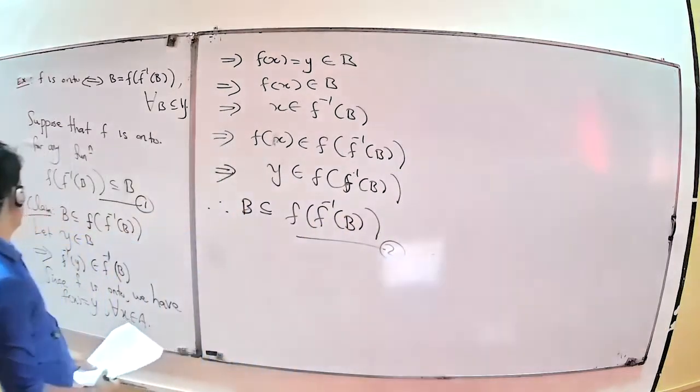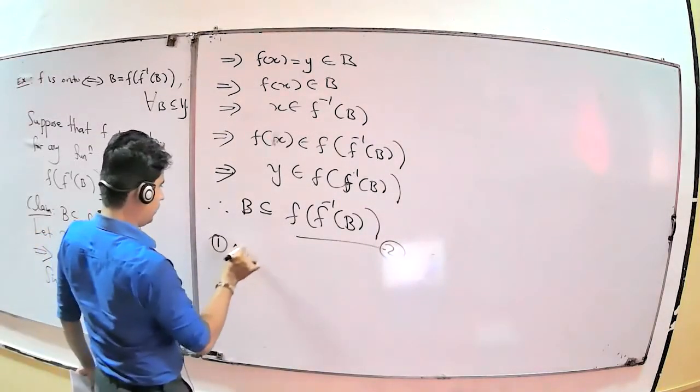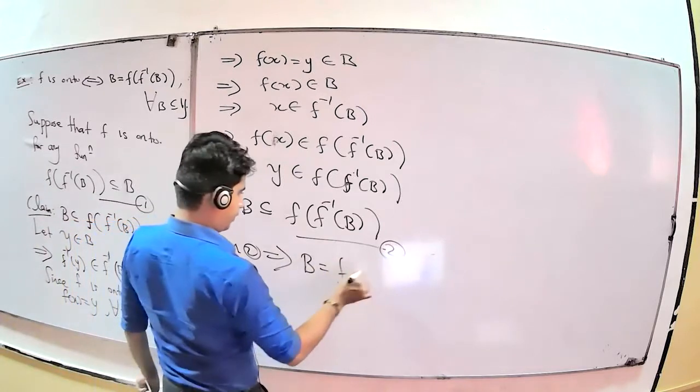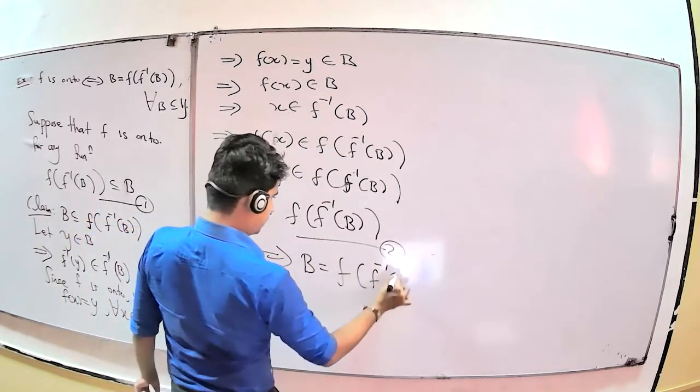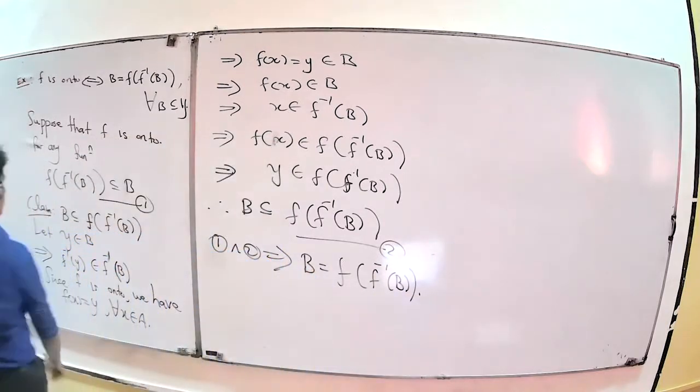First, for any function this one is true, now we have this part. Therefore, 1 and 2 imply b equal f of f inverse b.